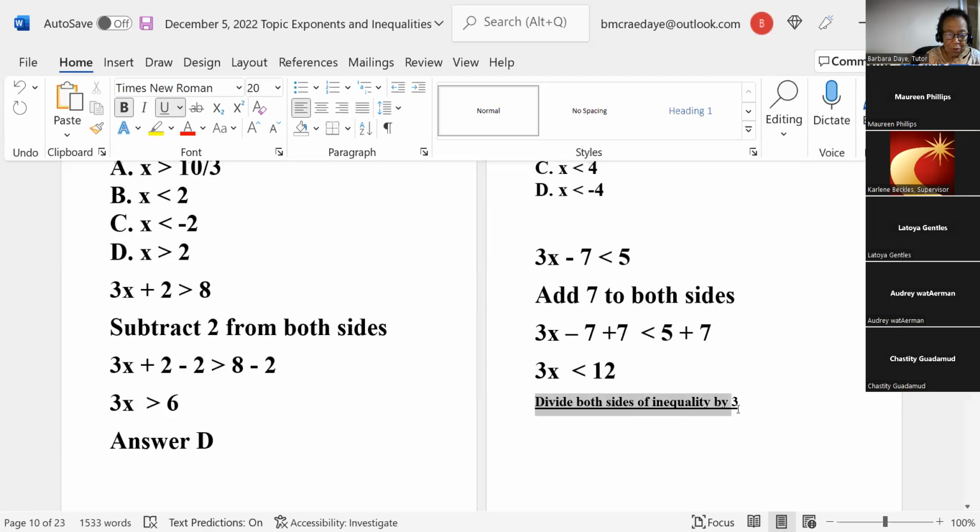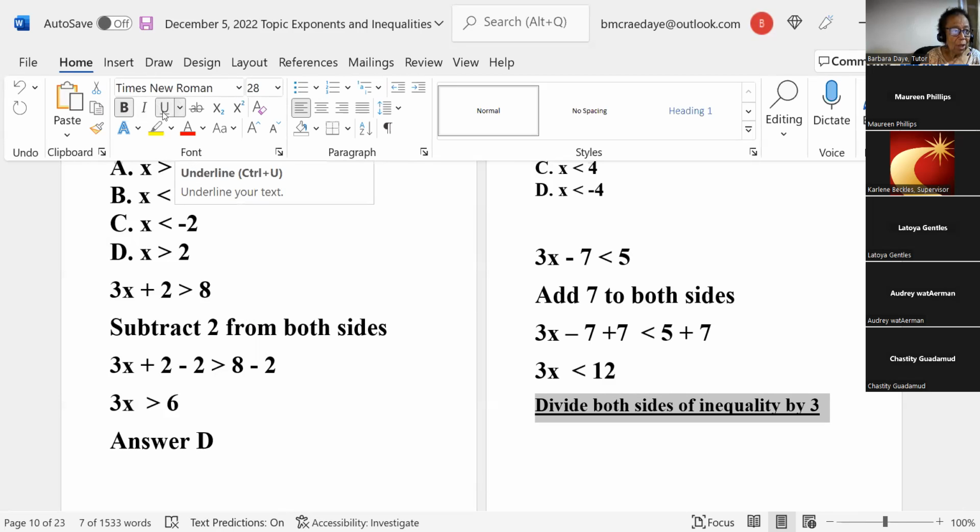And what would that give you, Audrey? X equals 4. Well, it's not an equal now. So less than 4.